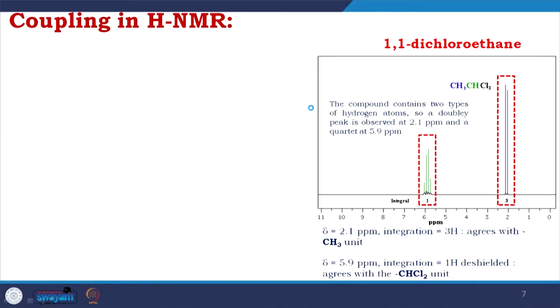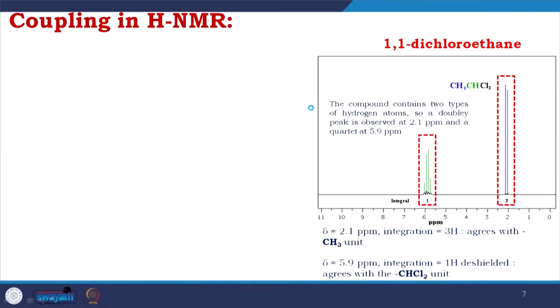Now, the compound contains 2 types of hydrogens, it is very easy to understand, one type of hydrogen and a second type of hydrogen. So, how many peaks are you expecting? 2 types of peaks, and you see 2 types of peaks, right. So, the compound contains 2 types of hydrogen atoms. A doublet is observed at 2.1 ppm and a quartet at 5.9.